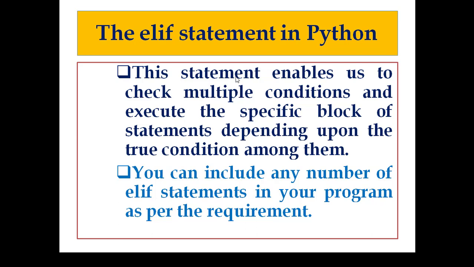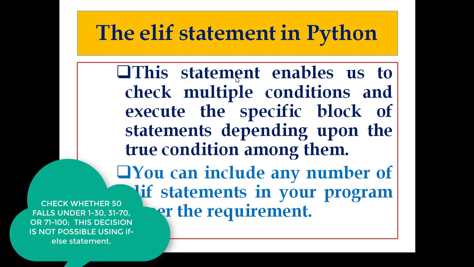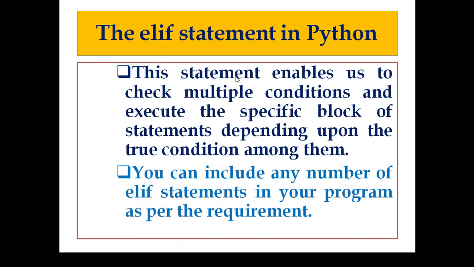Just for example, suppose you have been given a number 50 and you are asked whether 50 falls in the interval 10 to 30, or 31 to 70, or 71 to 100. So three intervals are given to you, and you need to find out which interval 50 falls under. In this case, you need to check three conditions, isn't it?